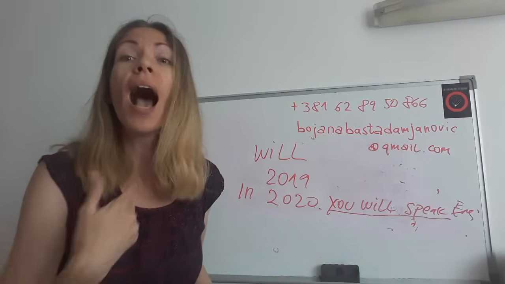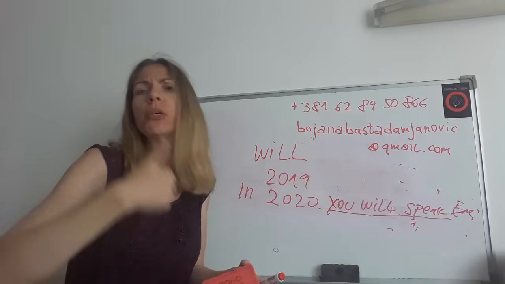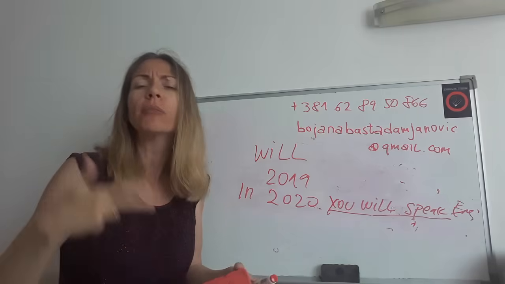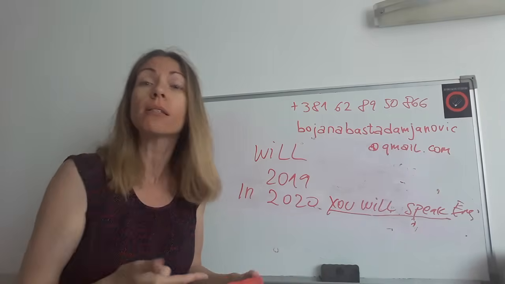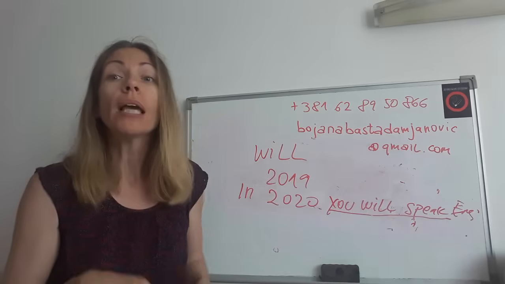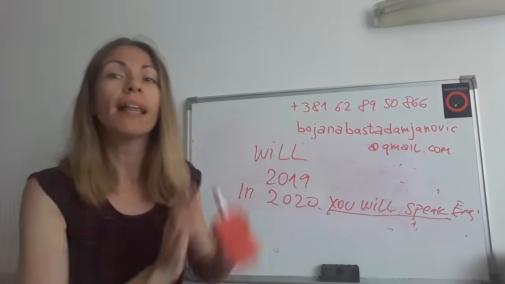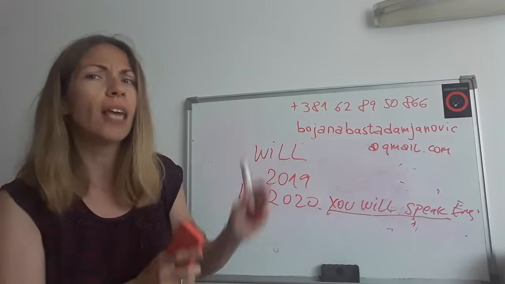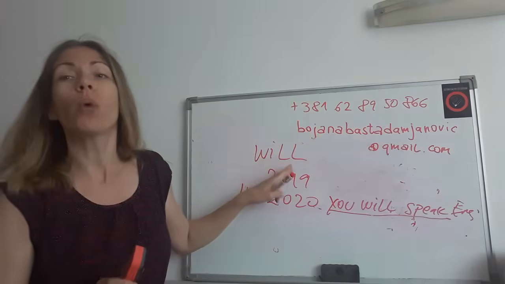So you say, I will, you will, he, my husband, my brother, my friend, my son, he will, she, my mother, my sister, my daughter will, we will, me and you together, we will, and then they, some people there, they will. For everybody, you use will.